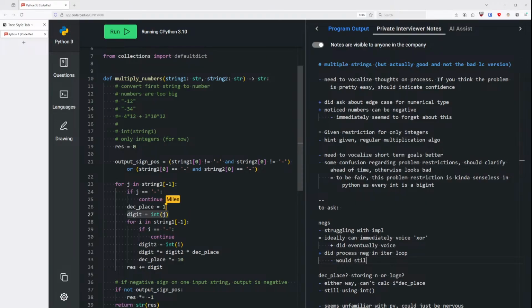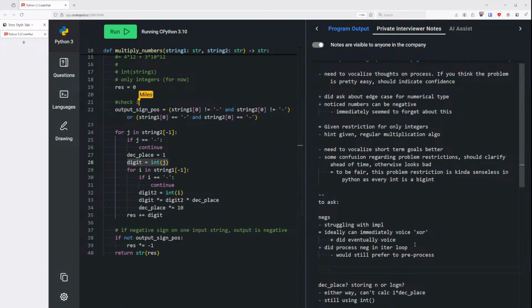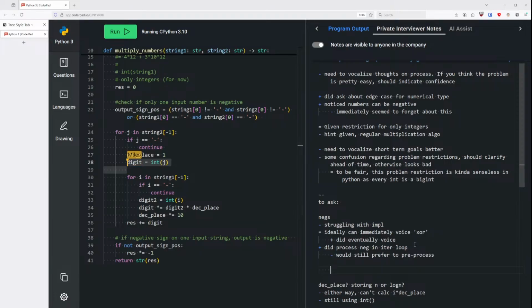Is continue the right keyword here? Yep, that's right. Okay. One input number is negative. I think this is all I can think of for now.